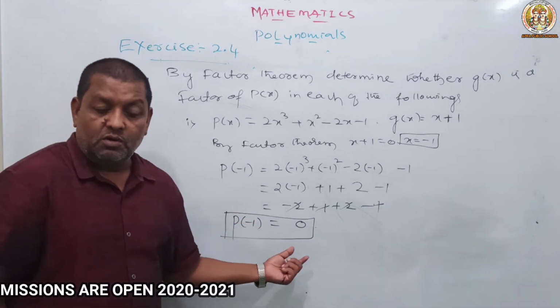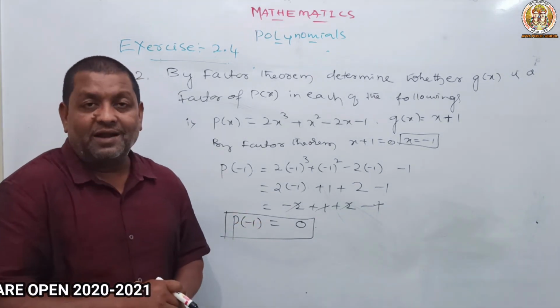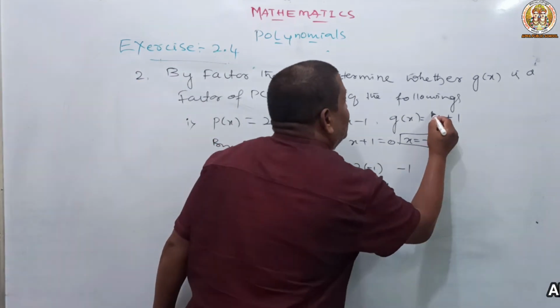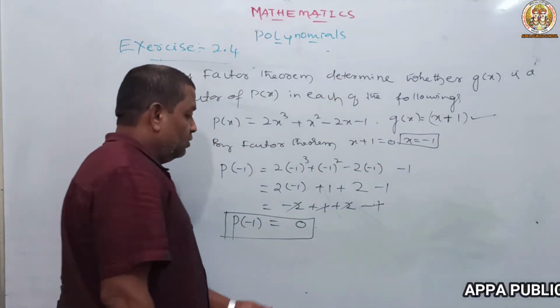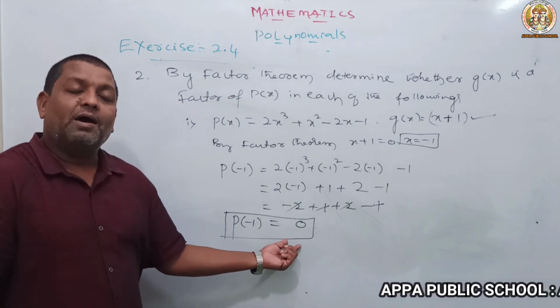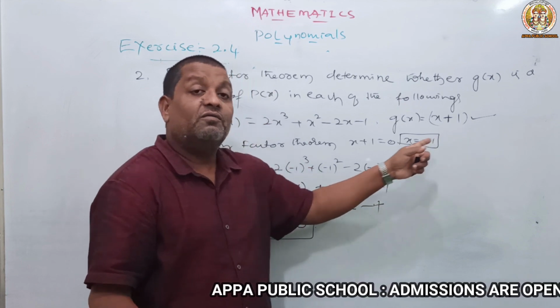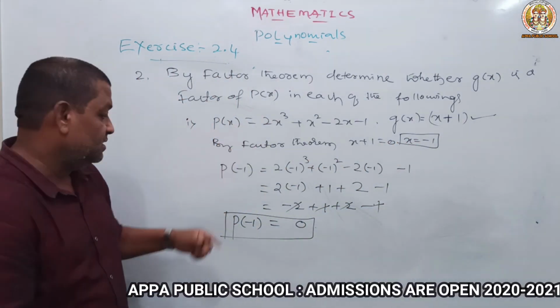So we already know, if you got remainder as 0, then definitely g of x is a factor. When the remainder we got is 0, by factor theorem, the given g of x is a factor of p of x.